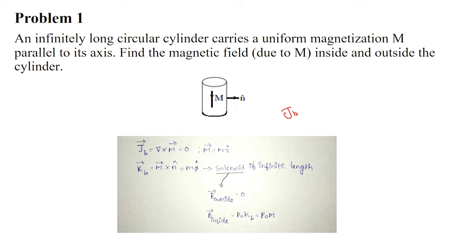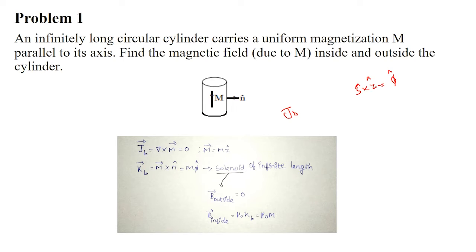JB is the gradient cross M, which equals 0, since M is parallel to the axis, M along z cap. And for the surface current KB, we know that M cross N cap, where N cap is S cap, gives S cap cross Z cap, which is equal to phi cap.